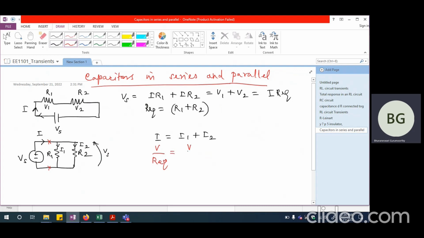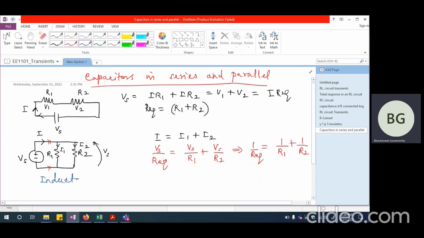That will be equal to Vs divided by R1 plus Vs divided by R2, from which we say 1 by R equivalent in parallel connection is 1 by R1 plus 1 by R2. So this is the expression that we get for series and parallel connections of resistors.